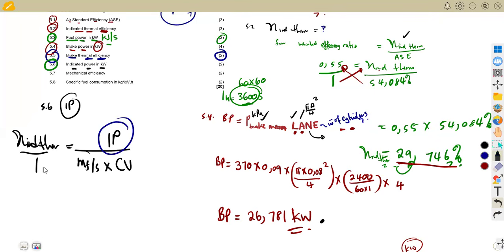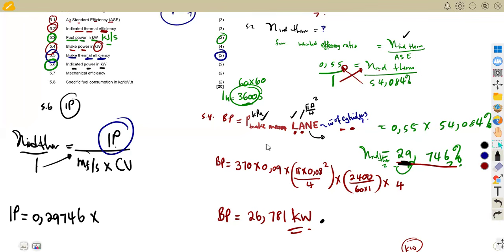All right, so it's simply going to cross multiply. That's 1 times IP. So the indicated power is going to be the indicated thermal efficiency, which we're going to have as a decimal to remove the percentage. So that's 0.29746 times the mass of fuel per second. Remember, I talked about this.